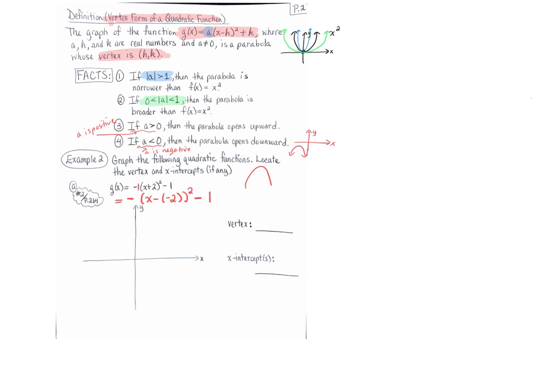And here we can automatically identify that our h is negative 2 and our k is what? Negative 1. So our vertex is negative 2 comma negative 1.